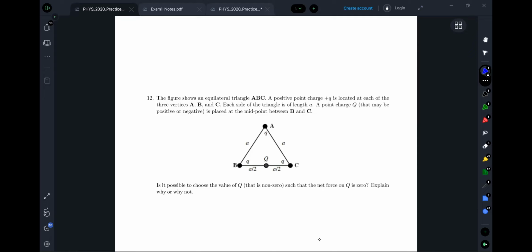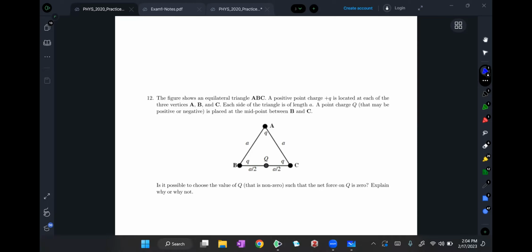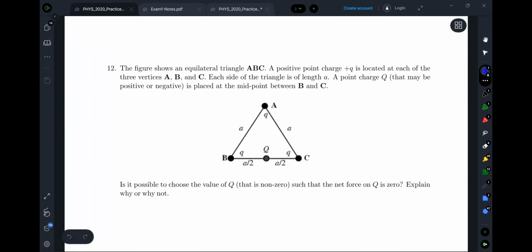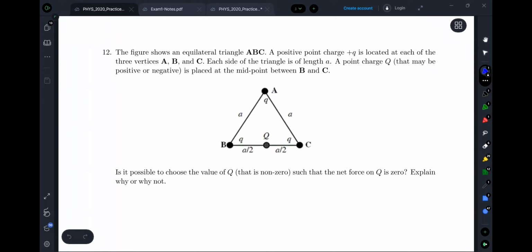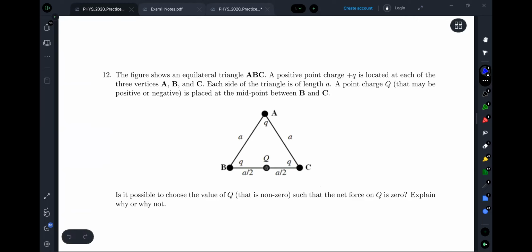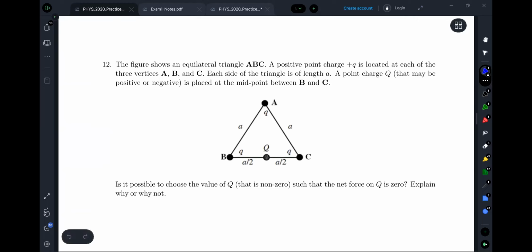Okay, so we're leaning more towards yes, it is possible to have a 0 net force there. So let's draw some things in here. We said it could be positive or negative. I'm just going to choose one and see what happens. So say this is positive first, then it's going to be repelled by B. It's going to feel a force this way.